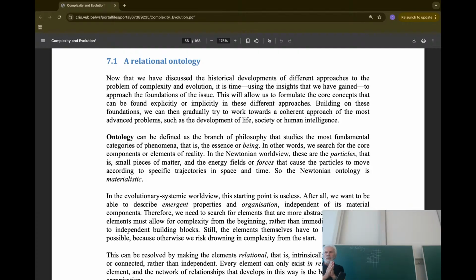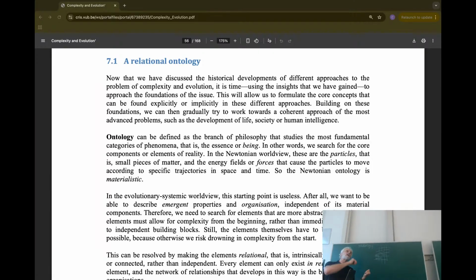And the assumption we need to make is against this reductionist assumption. The reductionist assumption is that to understand something complex, you analyze it into independent components, different bits, different pieces. We saw that in a systems view of the world, it's not so much the individual pieces that count, but the way these pieces are coupled.